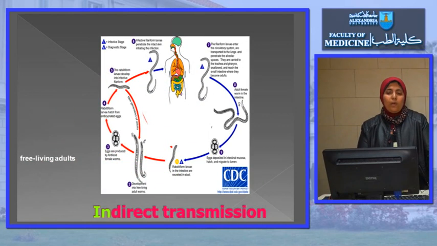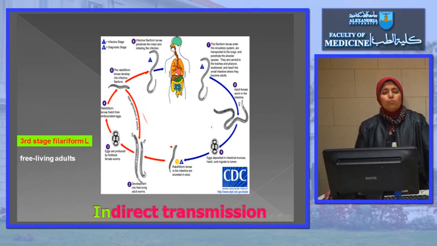But once conditions, after a long time or even a short time of a free living phase, are no more favorable, desiccation happens, temperature lowers or something, the rhabditiform larvae won't be able to molt 4 times to continue the free living form.